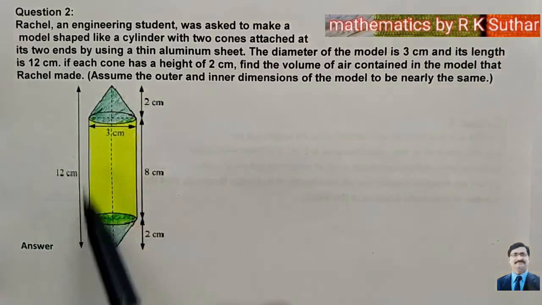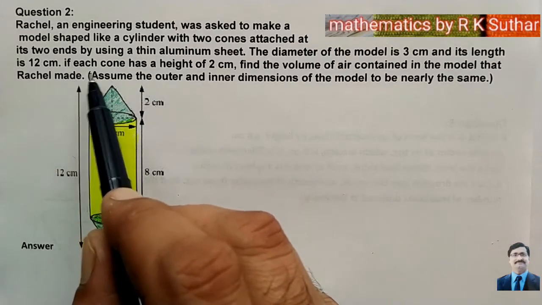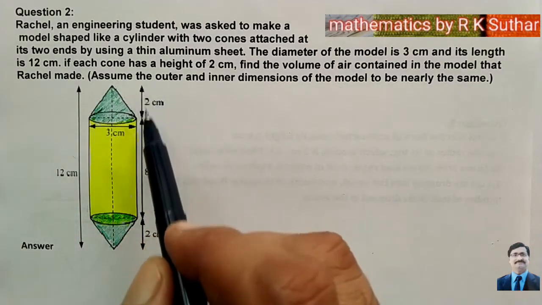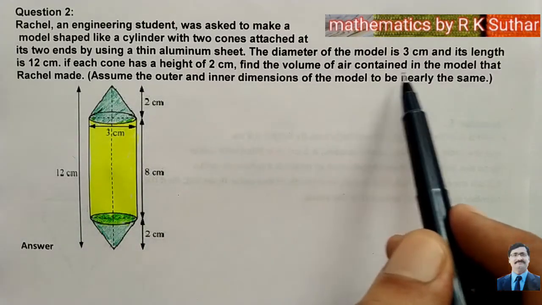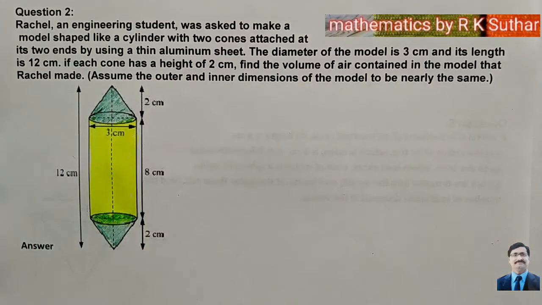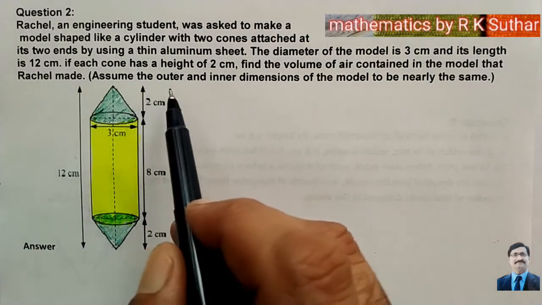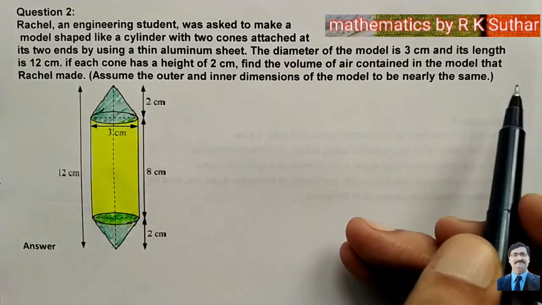This total length of the model is 12 centimeter. If each cone has height 2 centimeter, find the volume of air contained in the model that Rachel made. Assume the outer and inner dimensions of the model to be nearly the same.